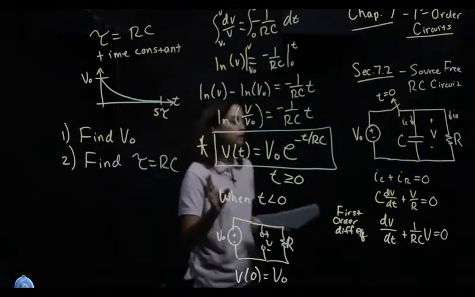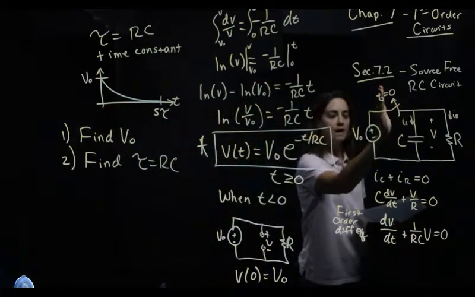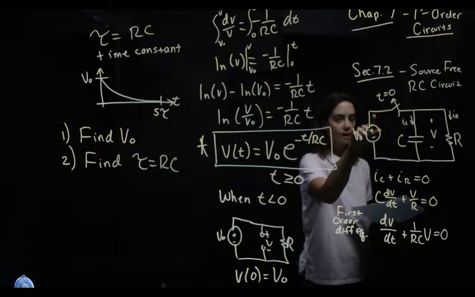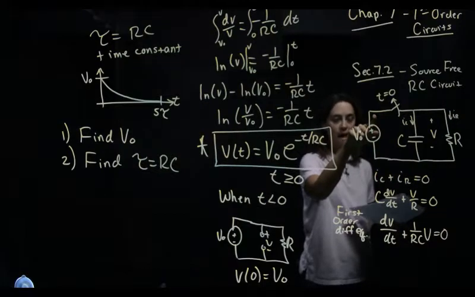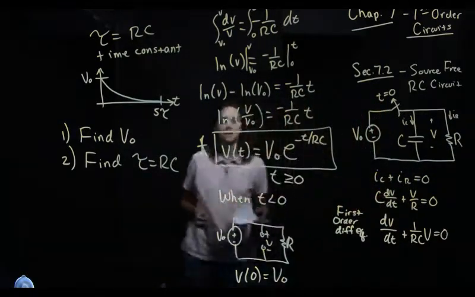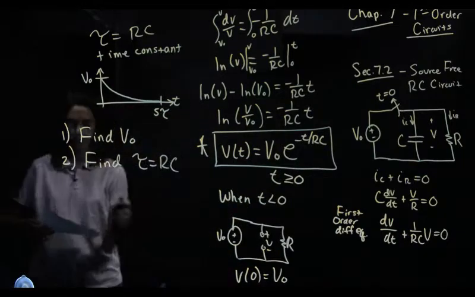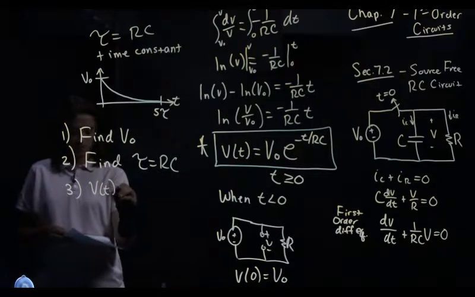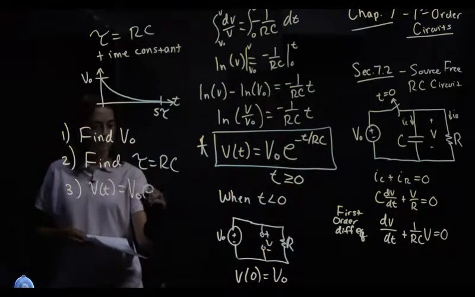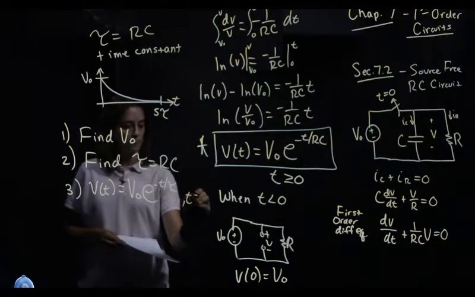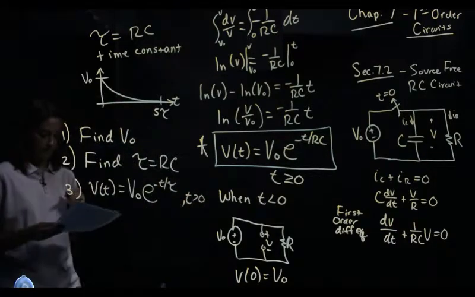And make sure you're only looking at resistors that'll be present after the switch opens. If you have a resistor over here, that doesn't count for tau, right? Because tau is after the switch opens. So it's everything beyond the switch that's connected to our capacitor. And then 3 is just simply plugging these values into this equation, and you'll have your answer.